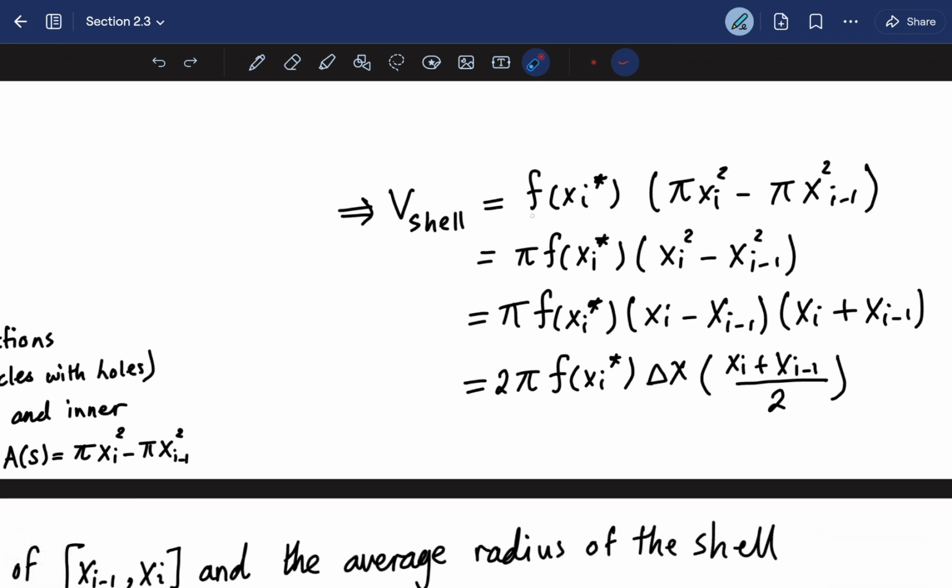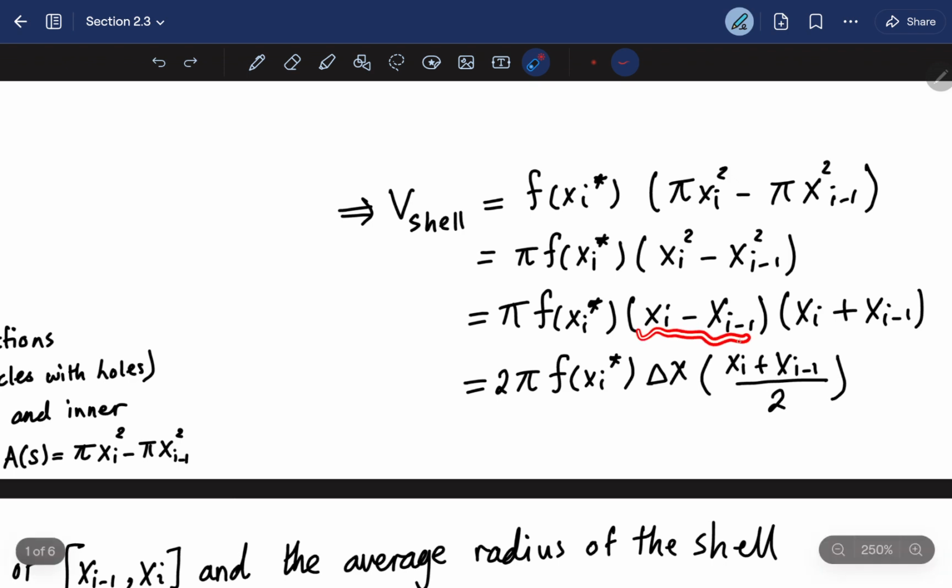We know that the height is just f of x i star, and we calculated the area from here. Now if you take pi as a common factor, and then here you have a difference of 2 squares, so you can just factor it, and then let's multiply by 2, divide by 2. You'll see why this makes sense.